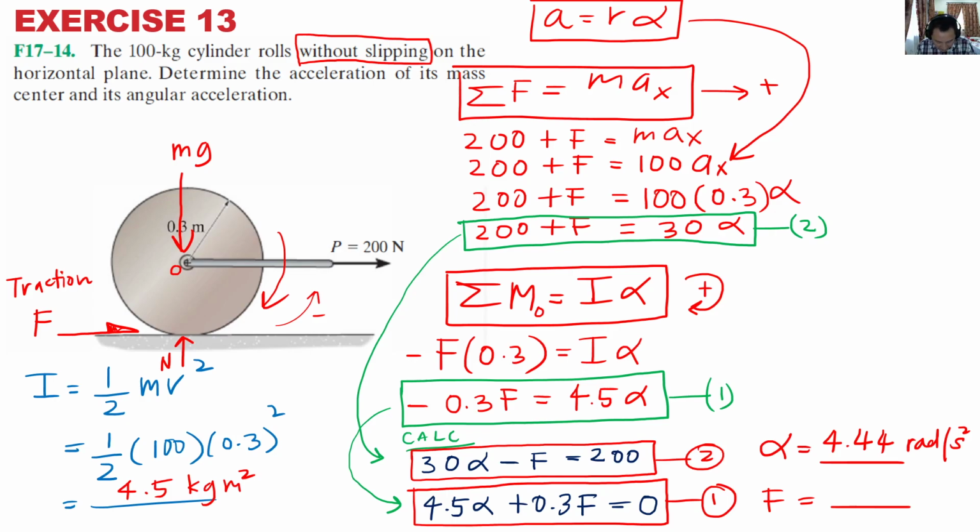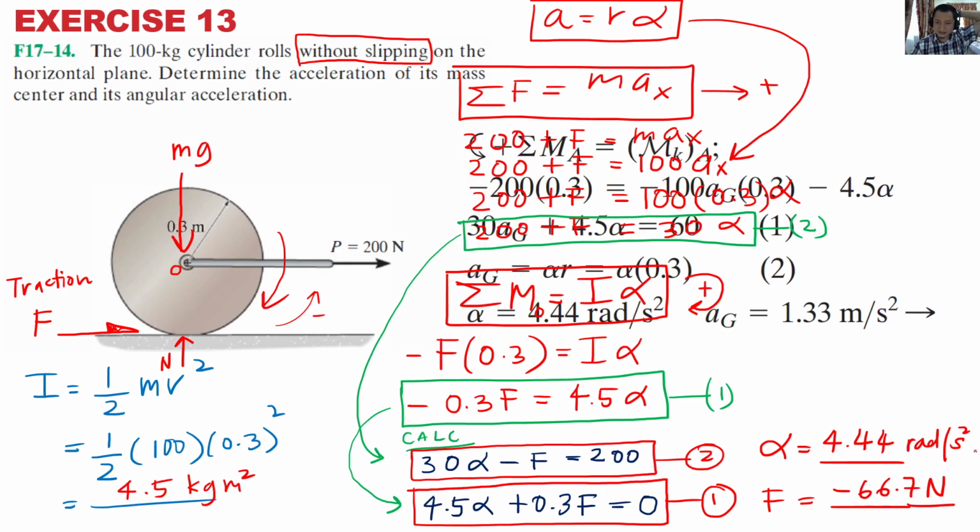F is your tractive force, traction force. Negative 66.7 Newton. Check your answer. Alpha is correct, 4.444.